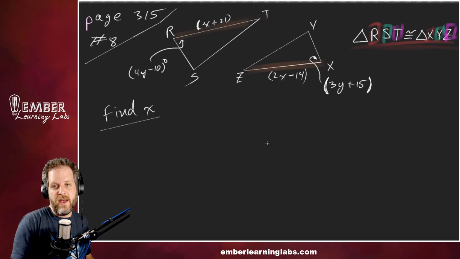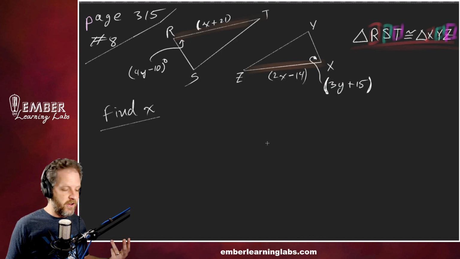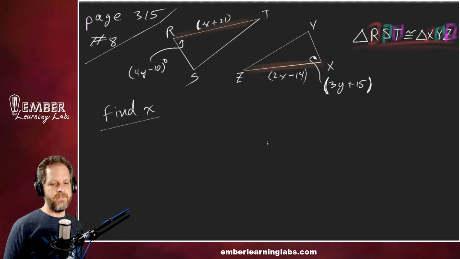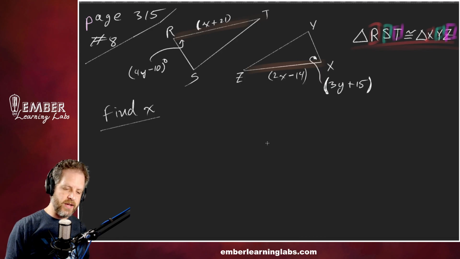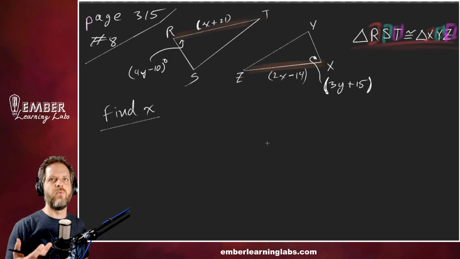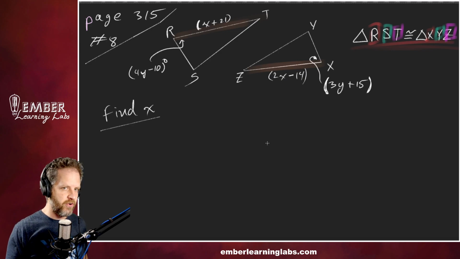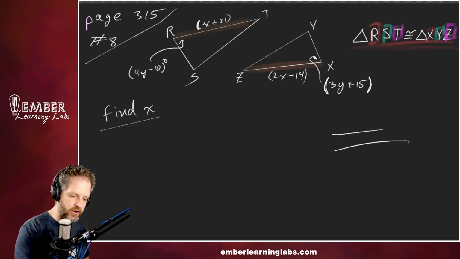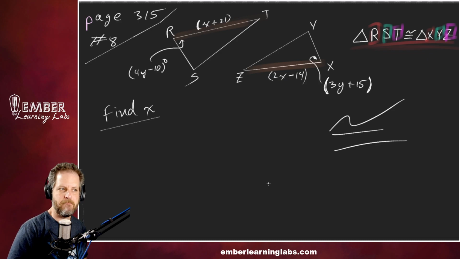So we need to set up an equation to solve that. If they're congruent, what would our equation look like? Another way of saying the pictures are congruent, what does congruent go with for numbers? It goes with the equal sign.